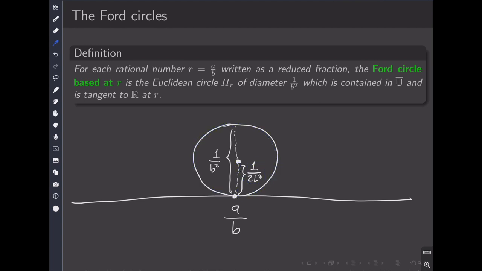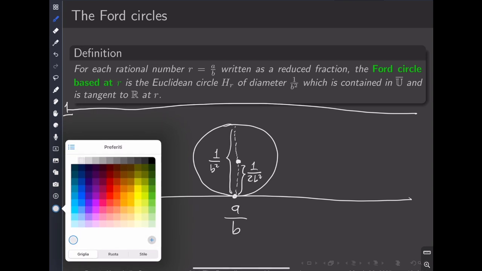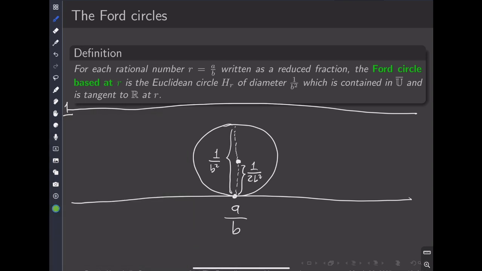And so what we are doing is we are taking a horocycle whose horocyclic distance to the horocycle at height 1 is precisely B. So the horocyclic distance between this horocycle and this horocycle is B.